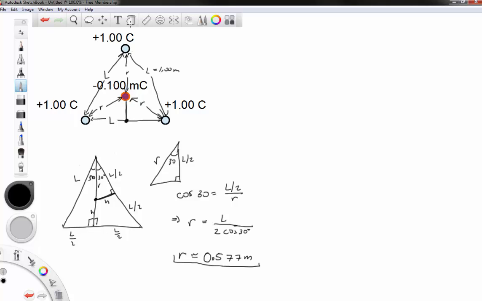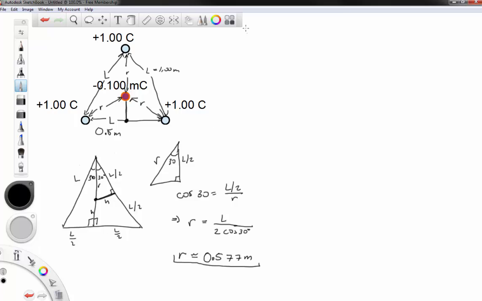The placement of these dots is actually more or less to scale. Well, this is midway between these 2 points, so that means that it is 0.5 meters, and we found that r is 0.577 meters. So at a glance, this seems like a reasonable solution geometrically to our value for r.